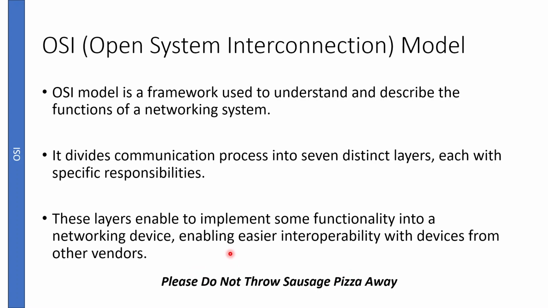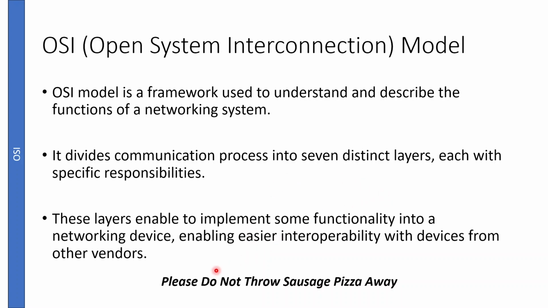They introduced this model because there are multiple vendors and companies. When you take a switch from one company and another switch from another company, and use both in your company network, you should have a common standard. As a common standard, they developed this OSI model.